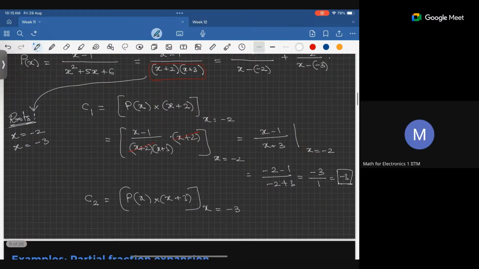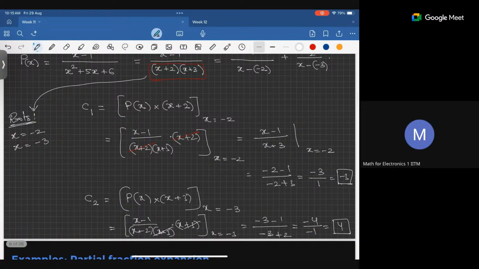Again, x minus 1 divided by x plus 2 into x plus 3, into x plus 3. This and this will get cancelled out, and you evaluate at x is equals to minus 3. Now if I substitute minus 3, minus 3 minus 1 divided by minus 3 plus 2, so this will be minus 4 divided by minus 1.